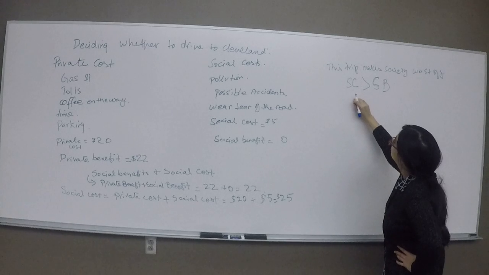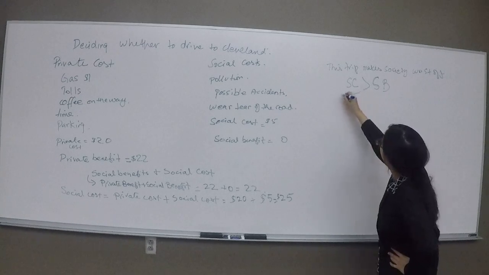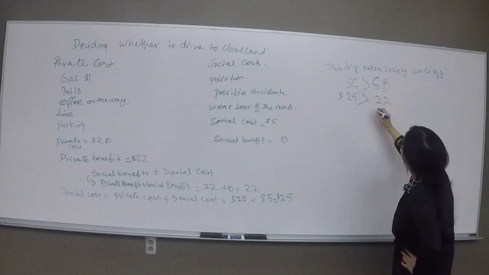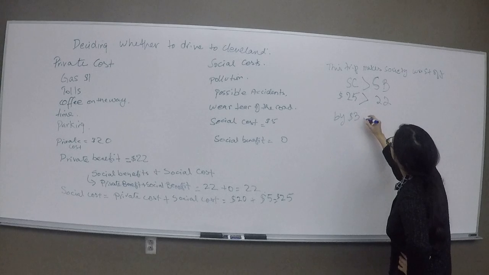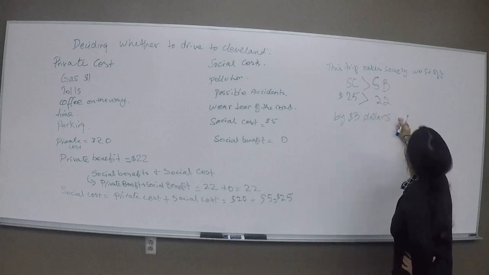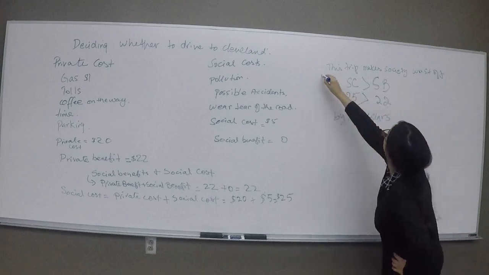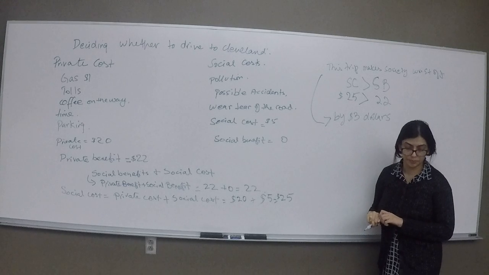Social cost is 25, social benefit is 22. So by $3, it makes society worse off. It makes society worse off by $3.